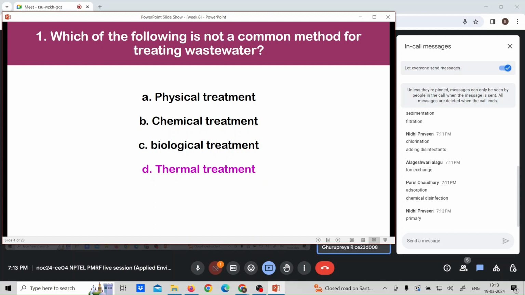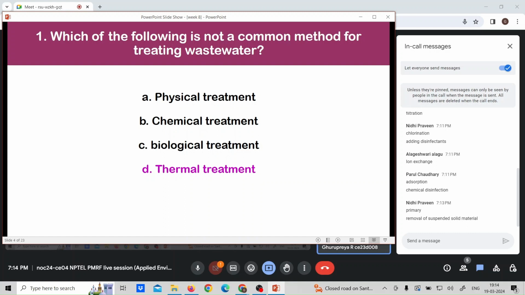Primary, right? So, what do we do in the primary stage for which we use this physical treatment? Okay, we use sedimentation.